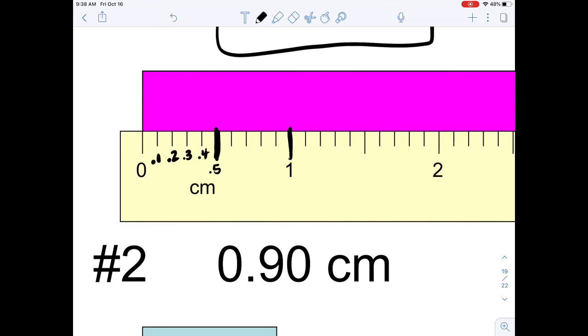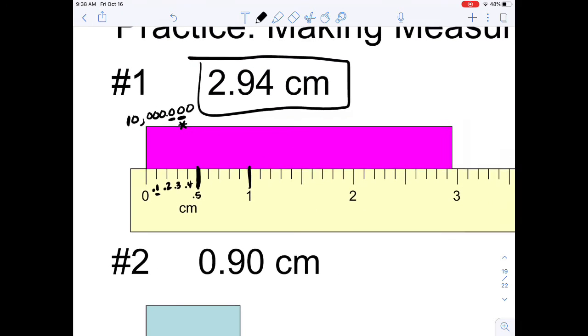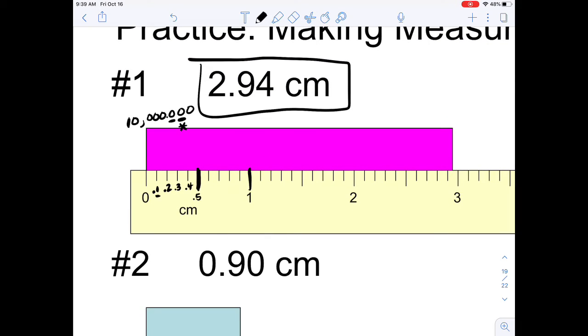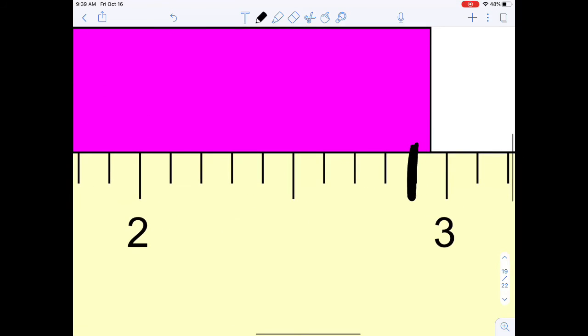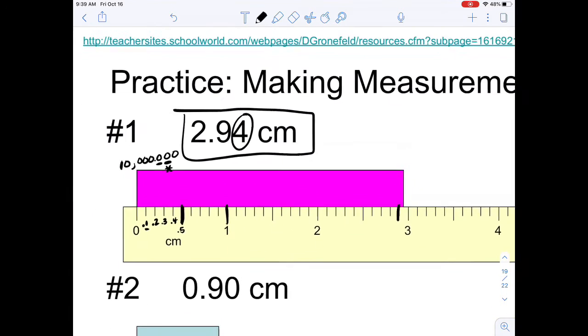Since it's counting by 0.1, written in the tenths place, I know this number, so I should be estimating to my hundredths place. So I should have 2 decimal places in my measurement, which we do. So again, 2.9 we know for sure, and then the 4 is our estimated digit because we think it's about halfway, but maybe not quite all the way halfway.